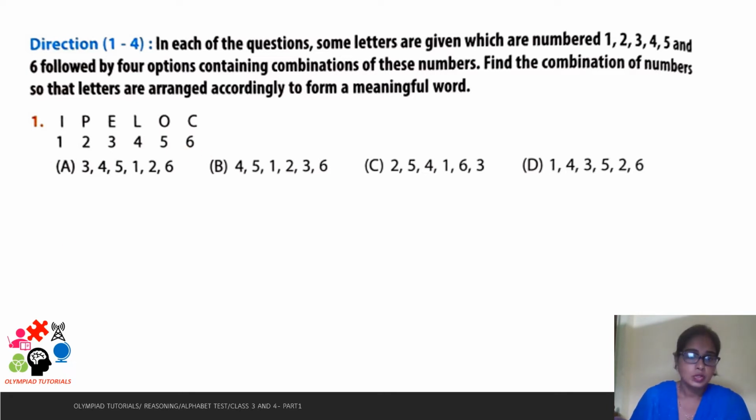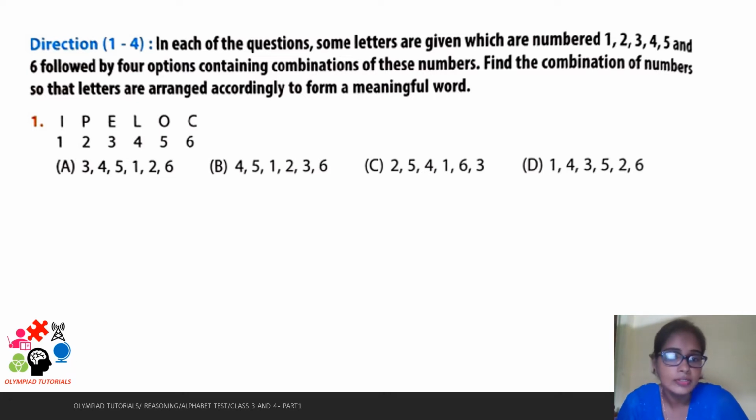Now you can solve it in two ways. In the first way, you can just look at the jumbled word. Here you have a jumbled or scrambled word. First of all you have to unscramble it and try to make a meaningful word out of it.